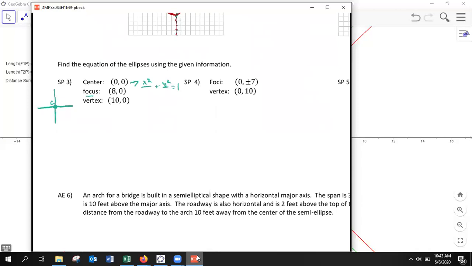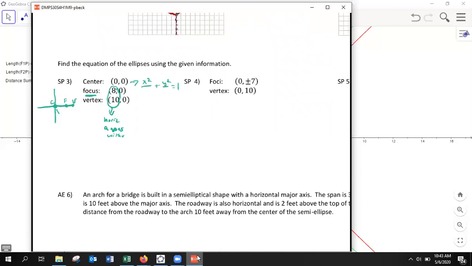So our focus is 8 comma 0. So on this graph, my focus is here and my vertex is here. Because the focus and vertex are along the x-axis, and these are x values, this indicates a horizontal orientation, which means A goes with x and B will go with y.